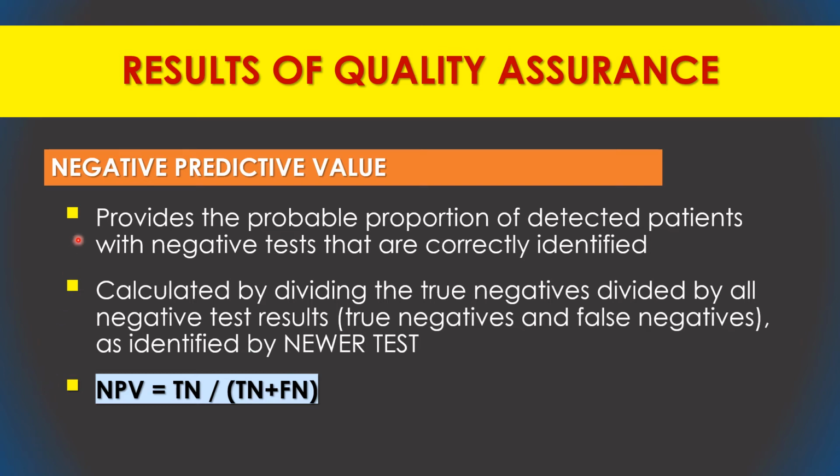So negative predictive value means what? It provides the probable proportion of patients with negative tests that are correctly identified as negative by the gold standard. So how much is the ratio or the proportion of the negative persons that are diagnosed negative by the new test?